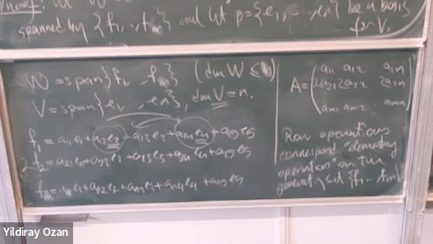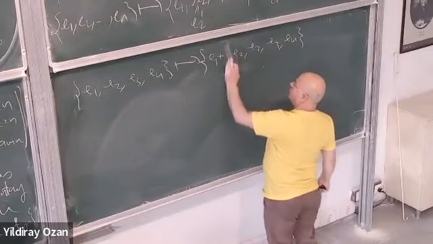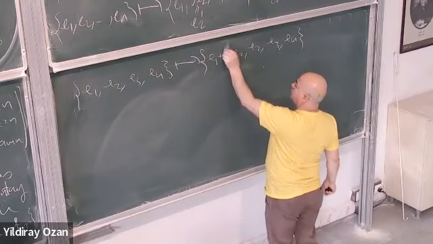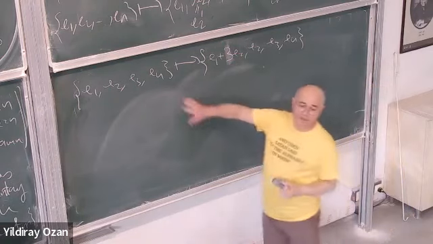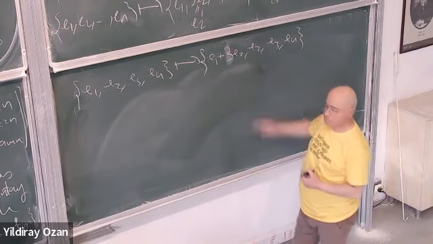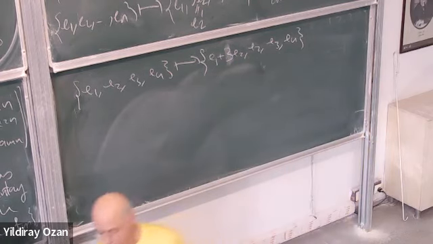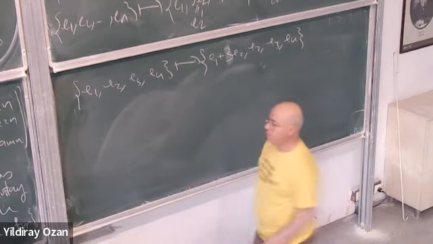I multiplied the second basis element with 3 and added to the first one. Okay. This is the basis. This is another basis. What is the effect of this on the matrix A? Let's see.